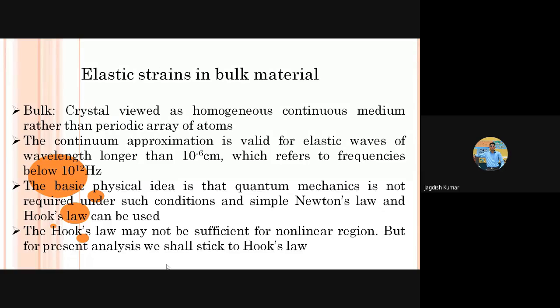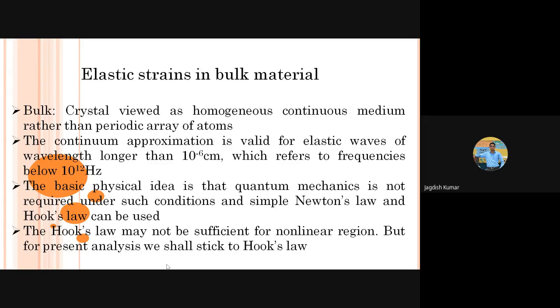Again, there is a limitation: Hooke's law is okay only when the strains are not very large, when the atoms are not stretched very much, or the crystal is not stretched very much, or you don't apply very high stress or strain to the crystal. So there, Hooke's law is okay.